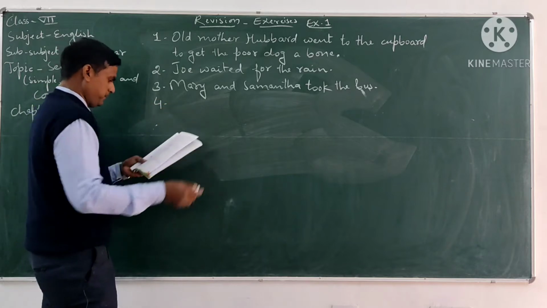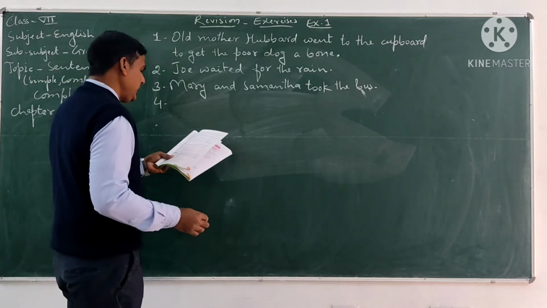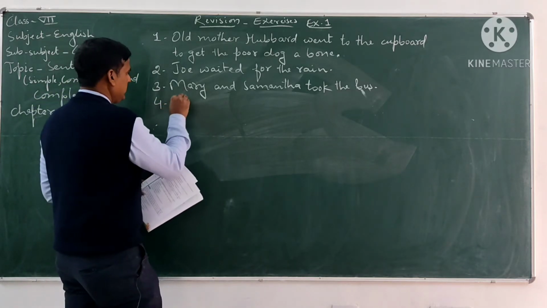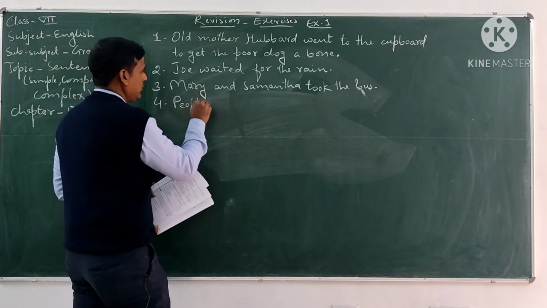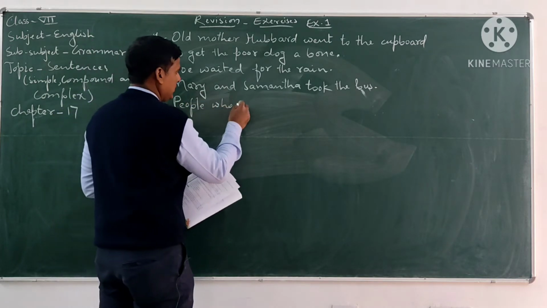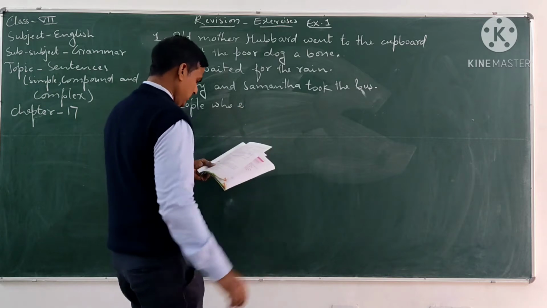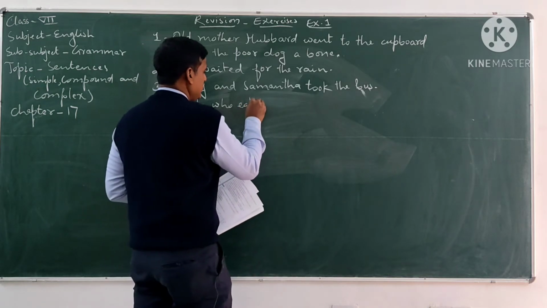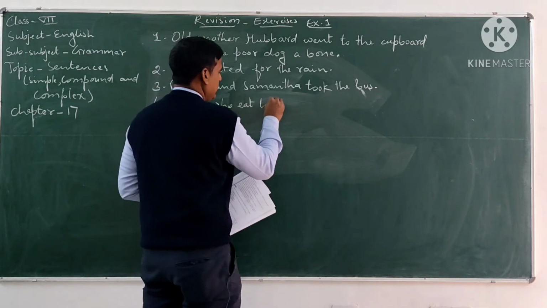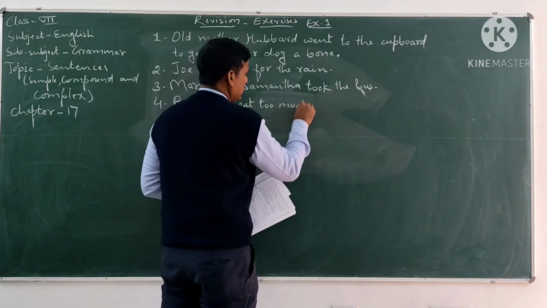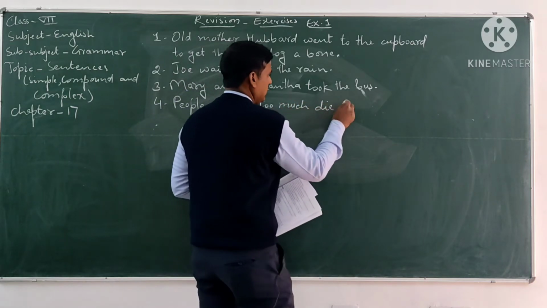Number 4: People who eat too much die early.